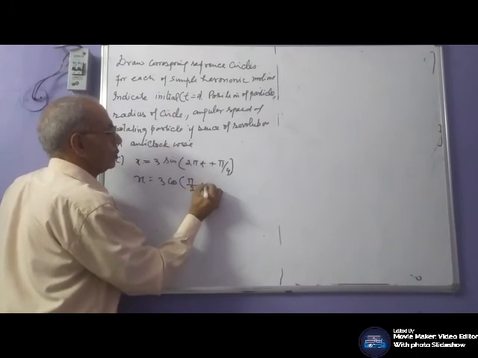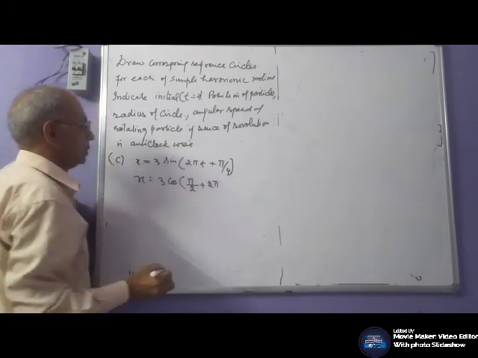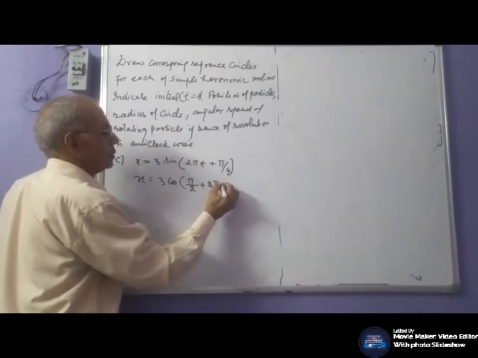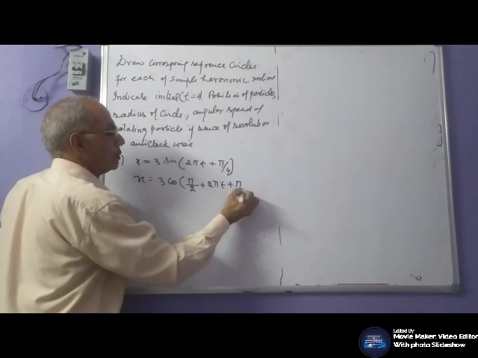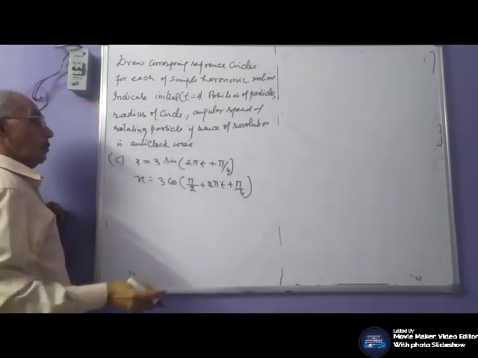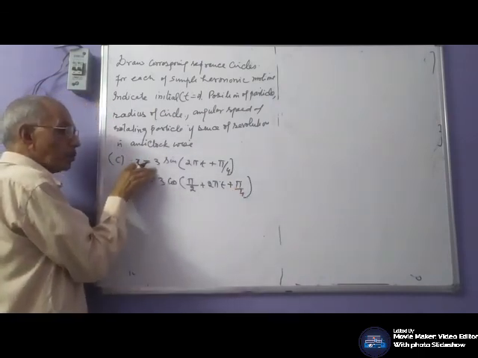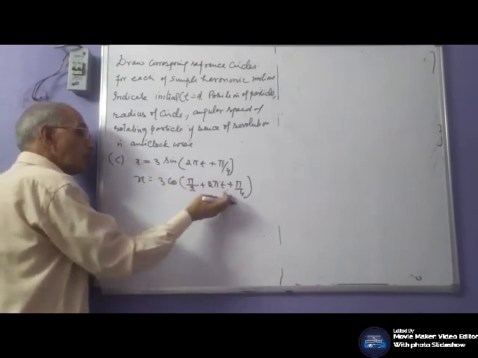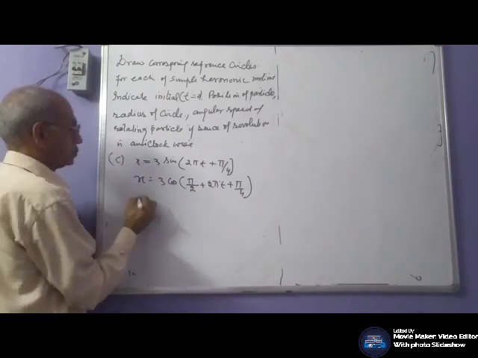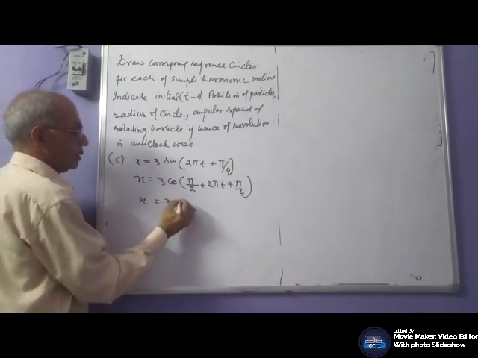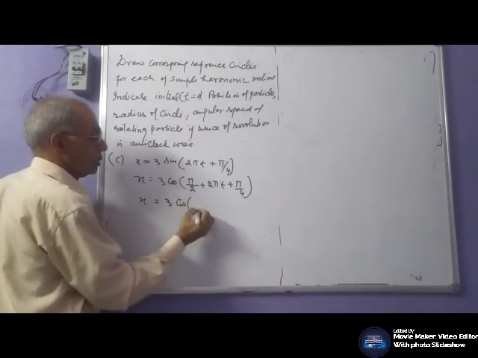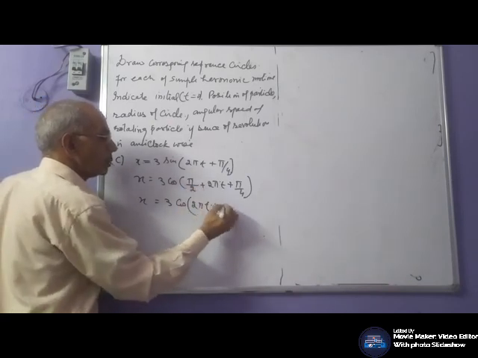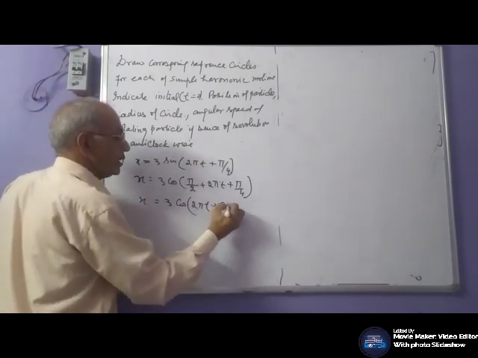Minus 90 plus theta. Minus sin theta. So minus cos theta, always cos theta. 3 cos 2 pi t, three pi by 4.